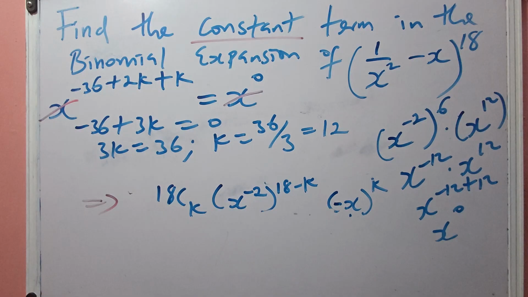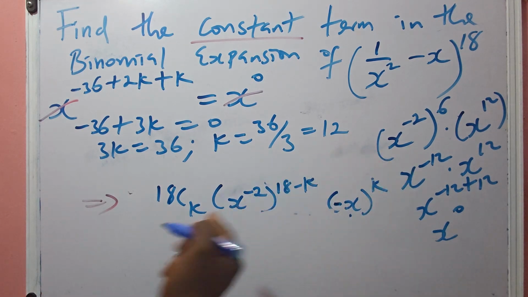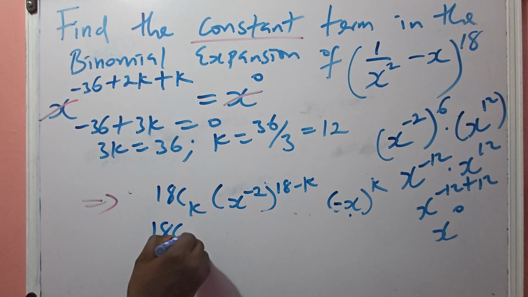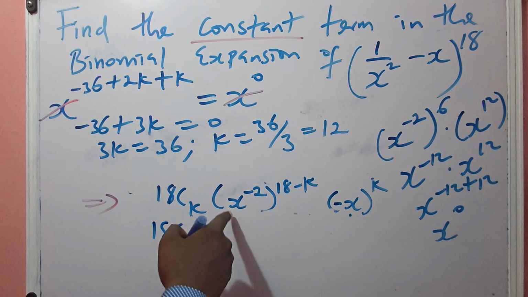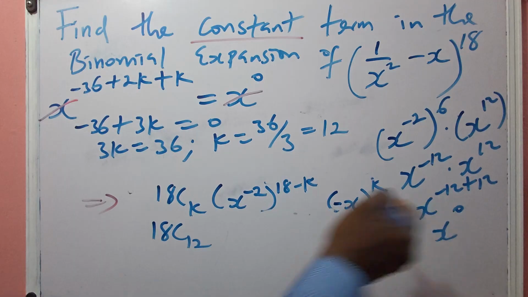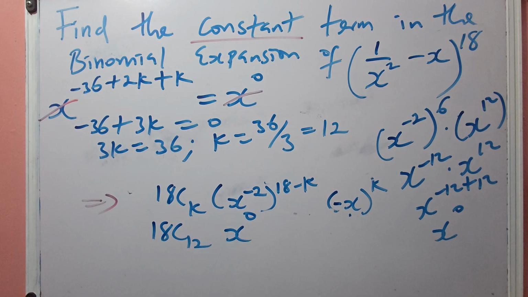All right, so looking at this, you can see that if you fix in k as 12, we'll be having 18 combination 12. Then, of course, we have solved this whole thing to give us x raised to the power 0. And x raised to the power 0 is going to be 1. So obviously, we'll be left with just 18 combination 12, which is exactly what we're looking for, because we define a constant term as that term that doesn't have any variable.